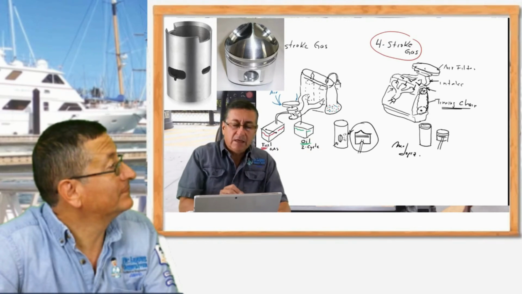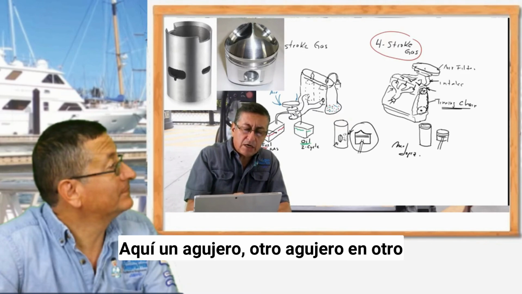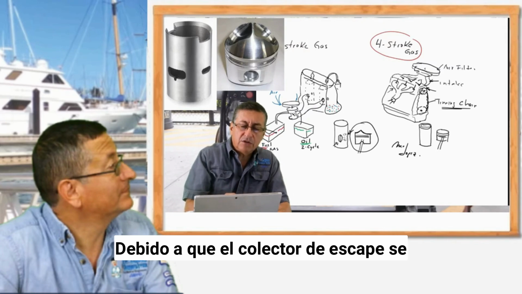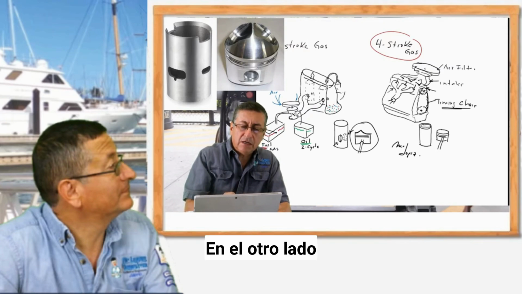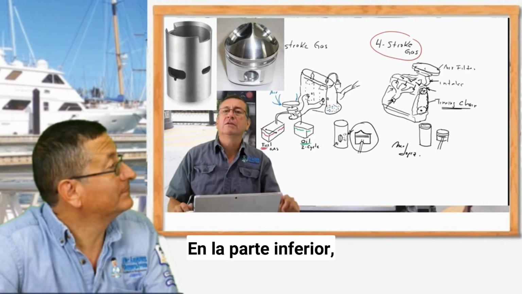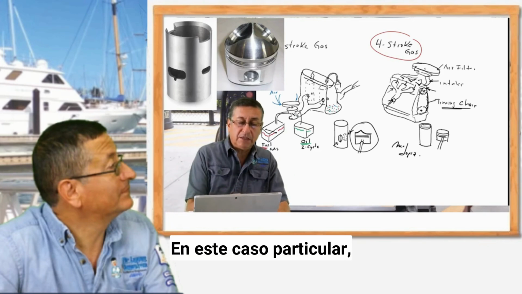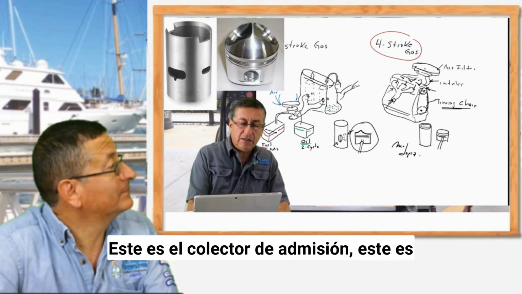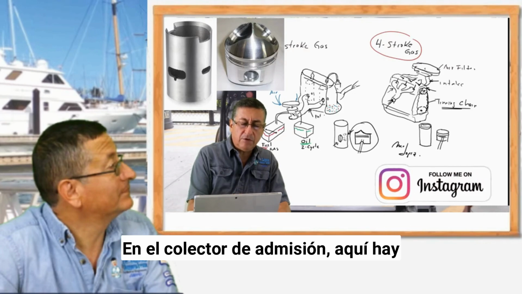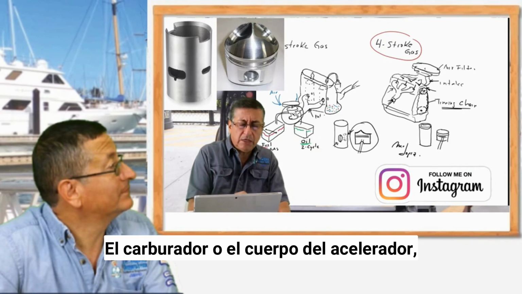And what is the idea? In the bottom of the cylinder there are the holes, one hole here and another on the other side for exhaust, because the exhaust manifold is located on the other side. In two-stroke, the intake is in the bottom of the block, because in this particular case this is the intake manifold, and here you have the carburetor or throttle body.